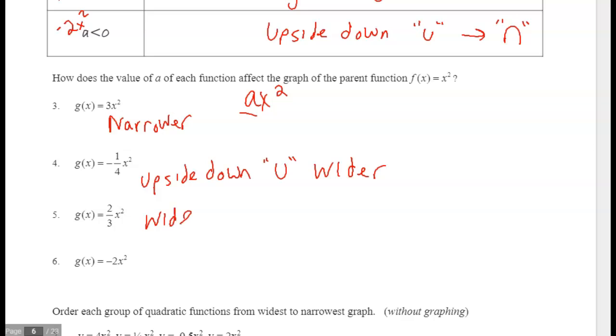This one, 2/3, is just wider. And then this negative 2 is upside down, and it's also narrower.